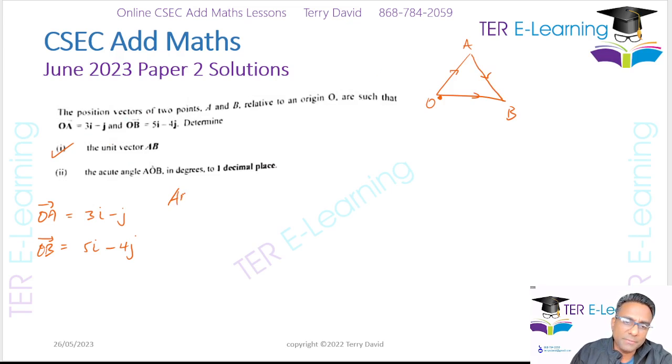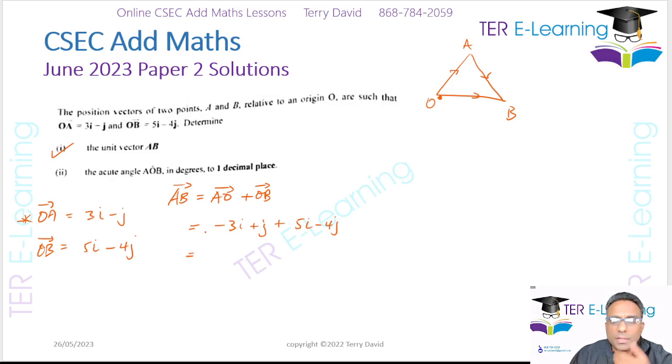AB is equal to AO plus OB. For AO, you have to reverse the direction of this vector, so this is going to be minus 3i plus j, and you're going to add OB, which is 5i minus 4j.